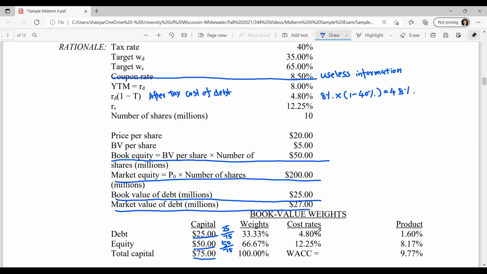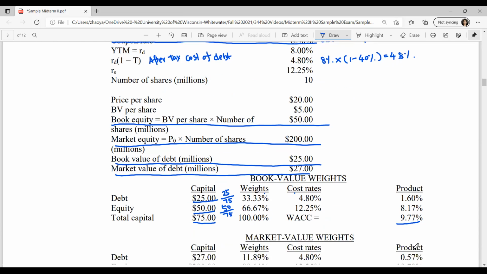Costs of capital are the same. After-tax cost of debt is always 4.8%, and cost of equity is always 12.25%. So we multiply weight with cost of debt or equity, and sum it up. That's book value weights.